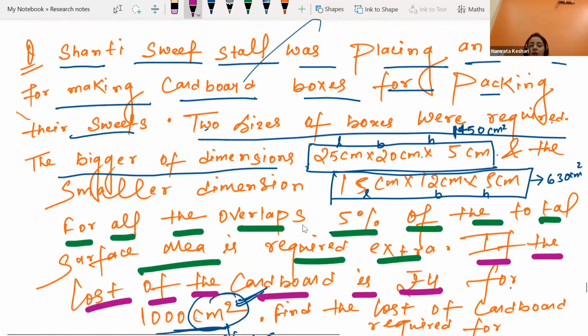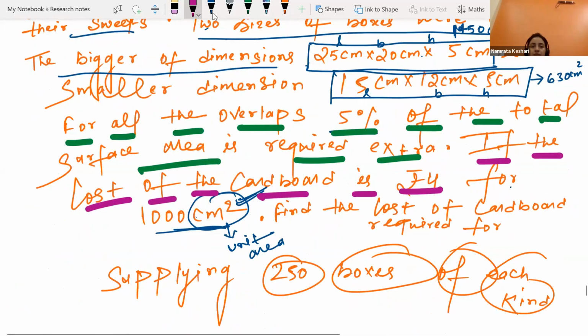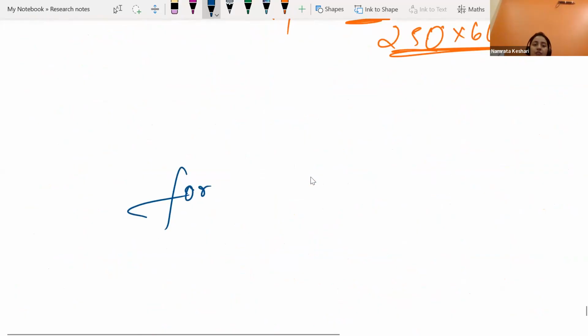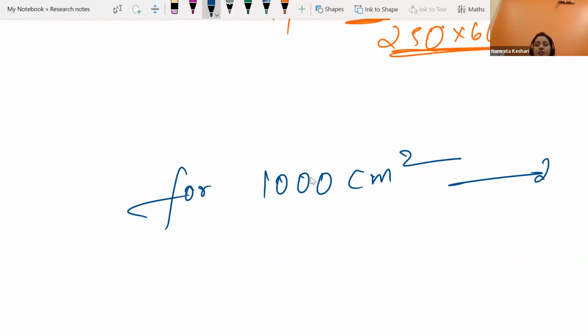What to do over here, Arhan? Ma'am, we can multiply the 4 upon 1000. Exactly. See, for 1000 centimeter square, the cost is rupees 4. So for 1 centimeter square, the cost will be 4 by 1000. Yes or no?